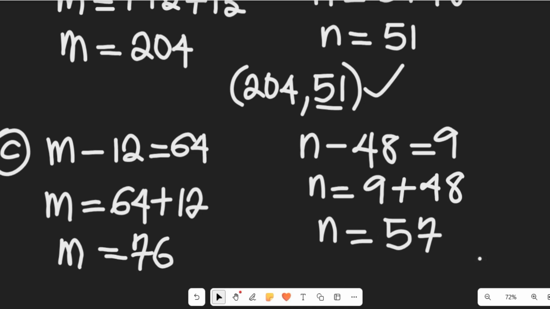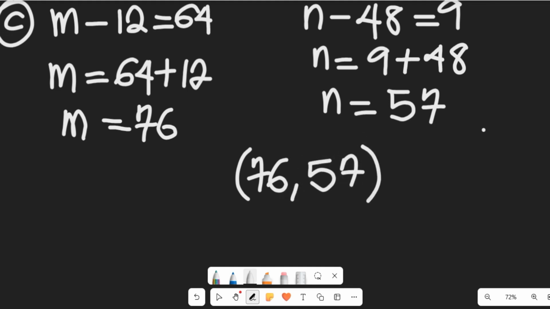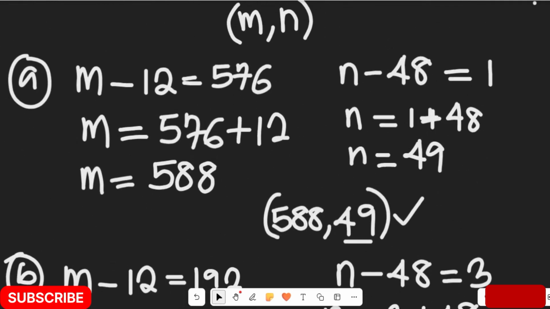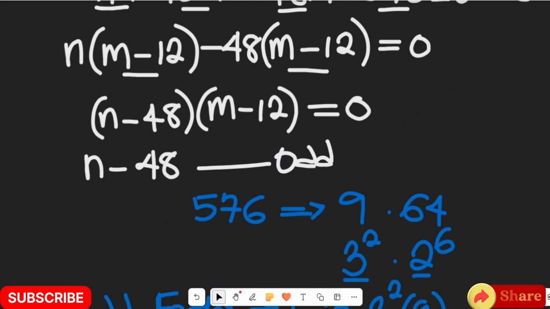So that means the pair is m equal to 76 and n equal to 57. So you see that 57 is still an odd number. It tells us that all of these are correct. So the three pairs are this pair, this pair, and this pair. They are the answer to that maths expression they gave us up there.